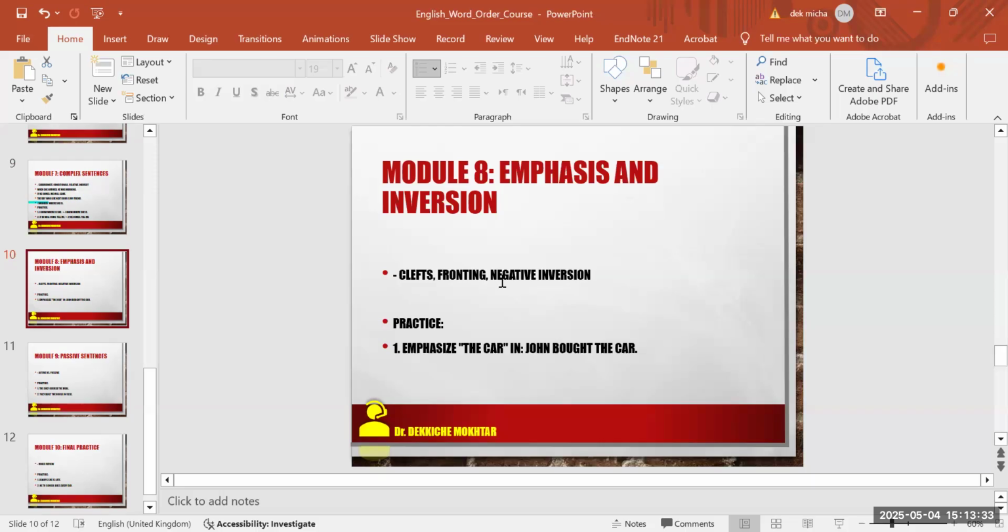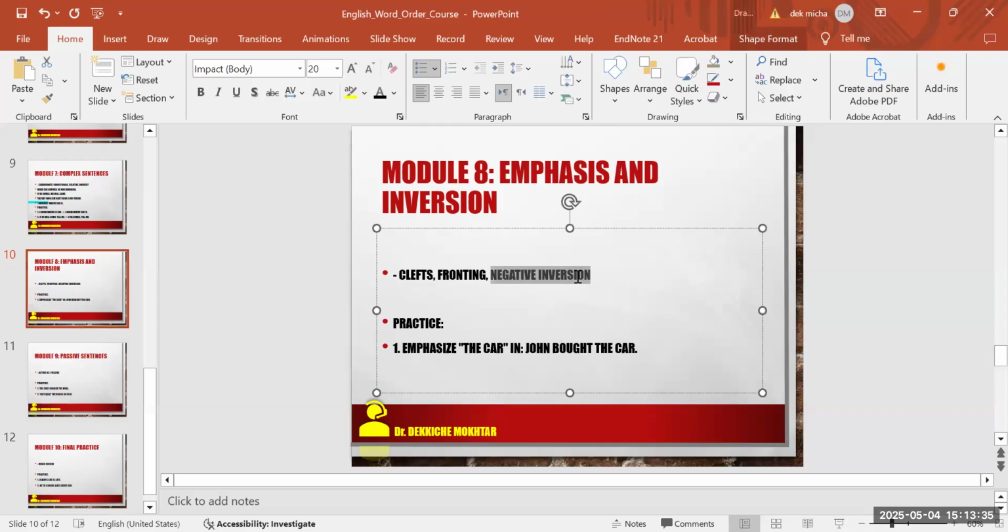Negative adverbials such as never or rarely can cause inversion. Okay: never have I seen this before. Practice.